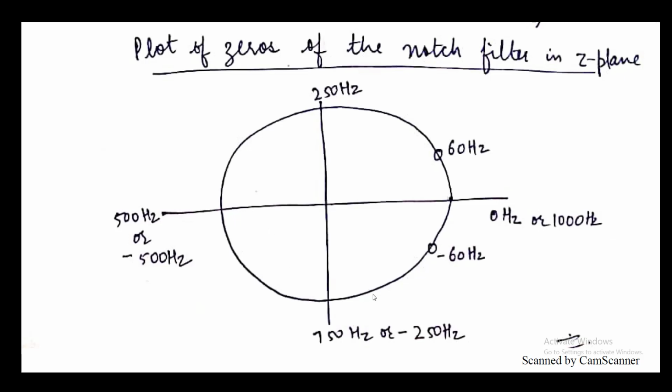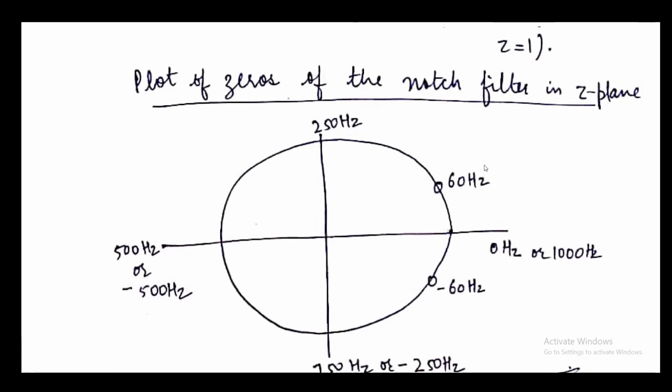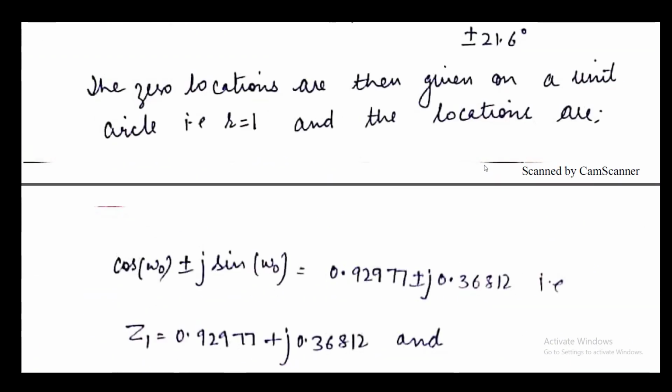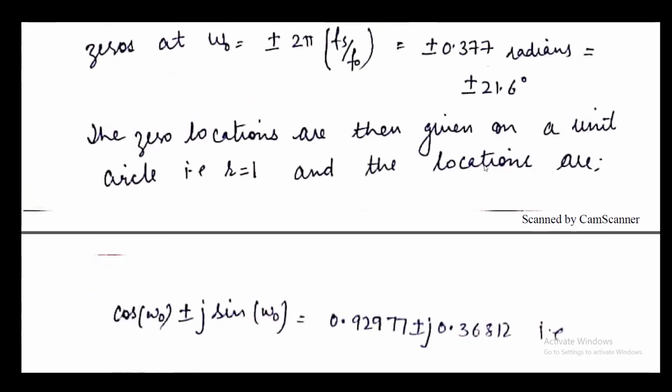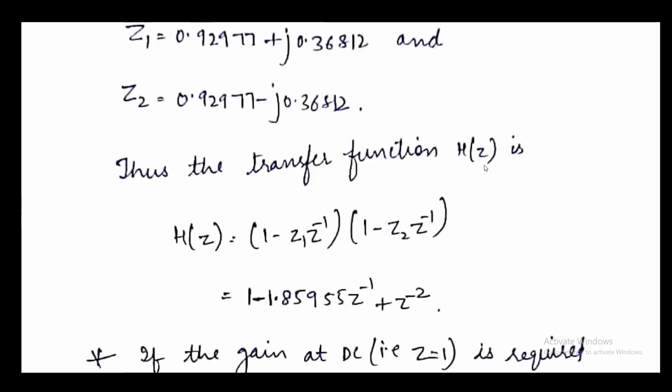When we design the filter, the location of zeros should be at the unit circle, and the angle will be according to the 60 hertz frequency. This is coming out to be plus minus 21.6 degrees or 0.377 radians.